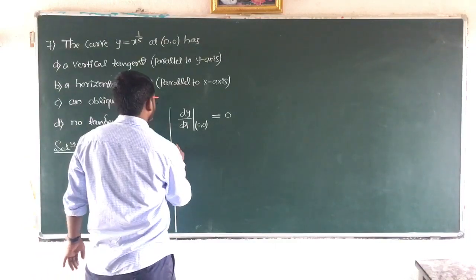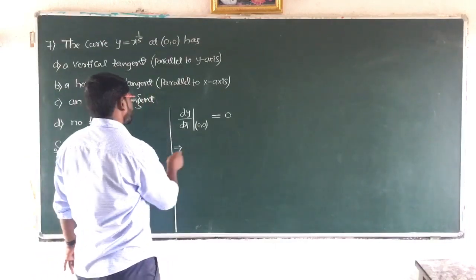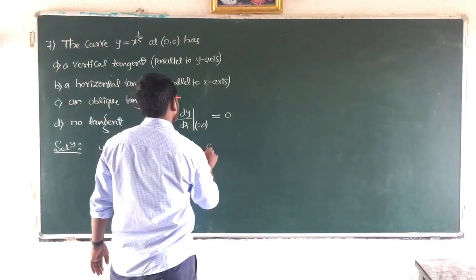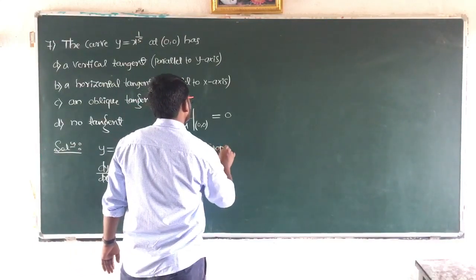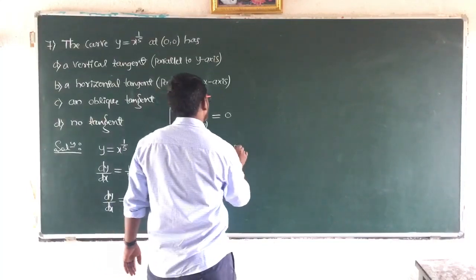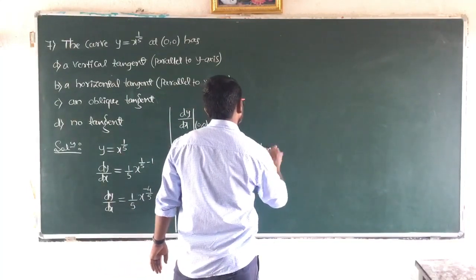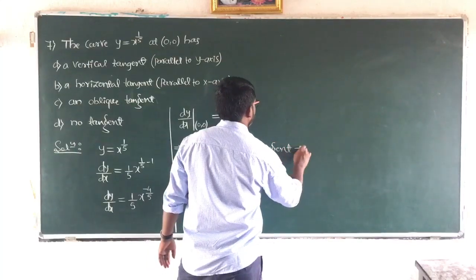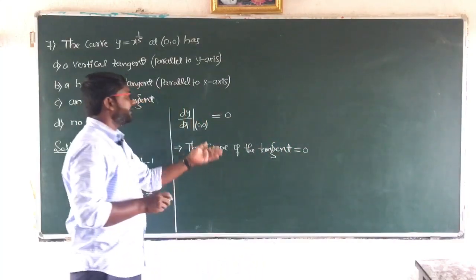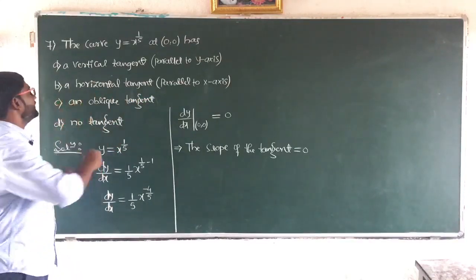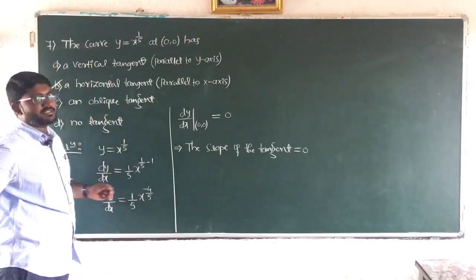So, this implies the slope of the tangent is equal to 0, it is parallel to the x axis, that is a horizontal tangent. So, this is all about the 7th problem.